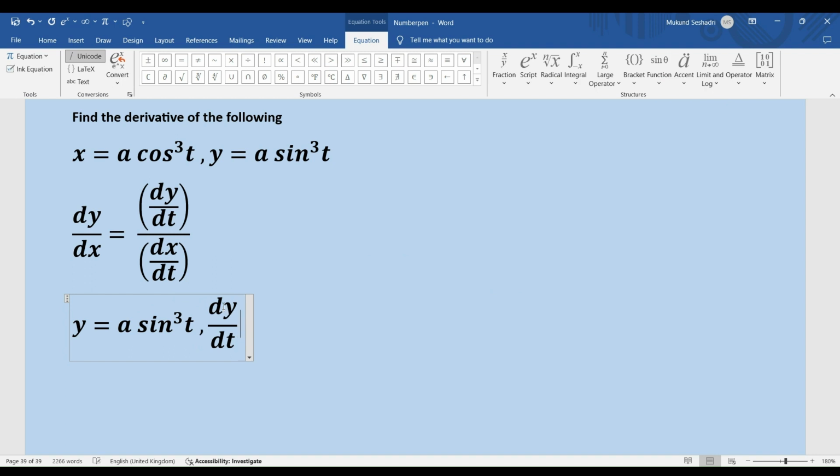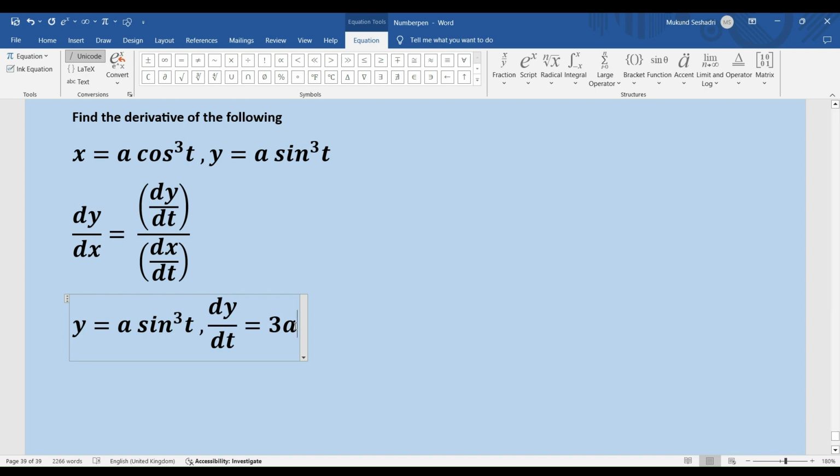I'm going to apply the chain rule here. A is a constant, so it remains as it is. Sine cube of t, I've got two functions. One is a cube function, which is my outer function, and then I have an inner function called sine. So I differentiate the outer function first with respect to the inner function, which means I use the formula d by dx of x to the power n equals n times x to the power n minus 1.